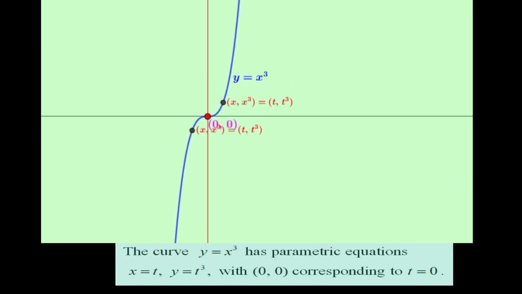The curve y = x³ has parametric equations x = t and y = t³ with (0,0) corresponding to t = 0.